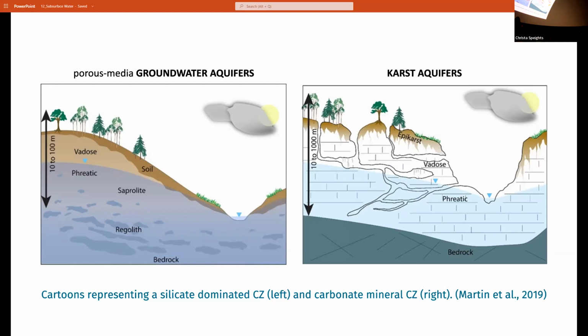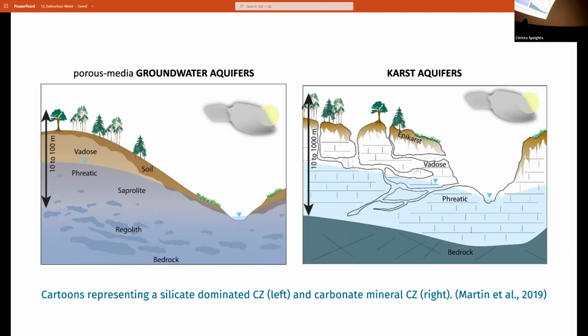And a little bit of terminology that goes with these. At the surface, you're going to see soil on both of these. In a carbonate critical zone, you're going to see this thing called epikarst, where the surface of the limestone gets dissolved out, but it's just a very irregular soil-rock contact.